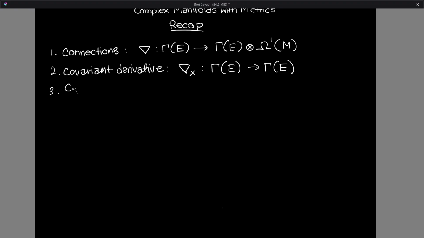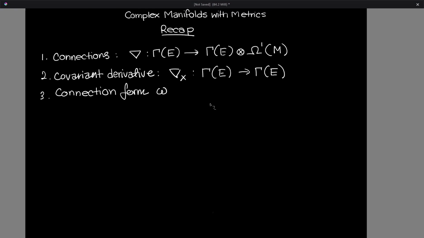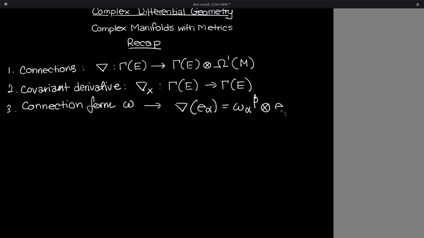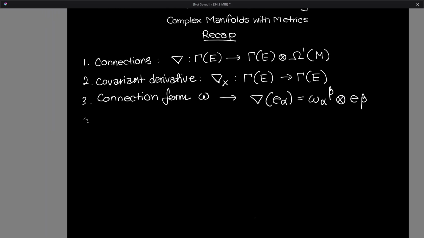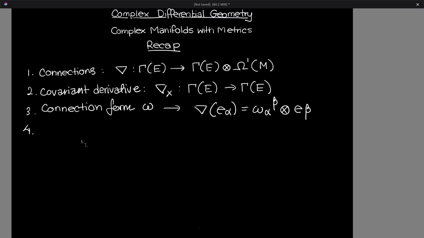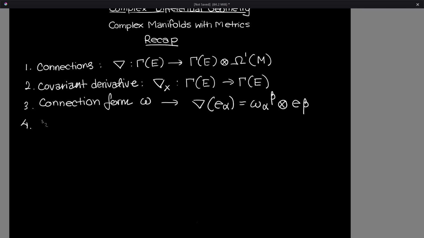Then we looked at the connection form omega. In order to do that, we had to look at local frame fields. So basically, this was like nabla of E alpha is equal to omega alpha beta tensor E beta. Number 4, we used that to define the curvature form.